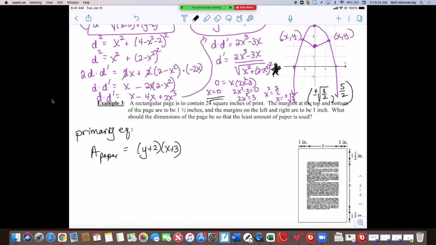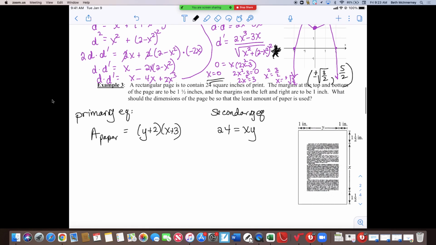And on the other one, you're adding 1.5 inches on each margin, which is plus 3. My secondary equation is that I know that the rectangular page of print is 24 square inches. So that's x times y equals 24.